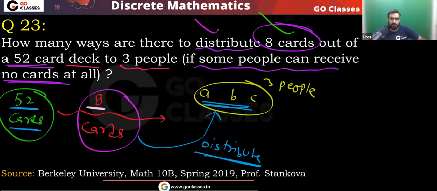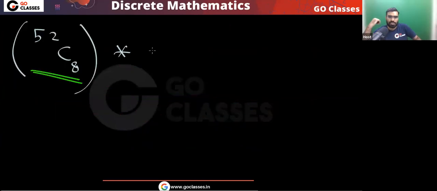No, that is not possible, because we want to distribute these 8 cards to these 3 people. For example, if you don't give anything to C or B, then everything will go to A. If you don't give anything to A or C, then everything will go to B.